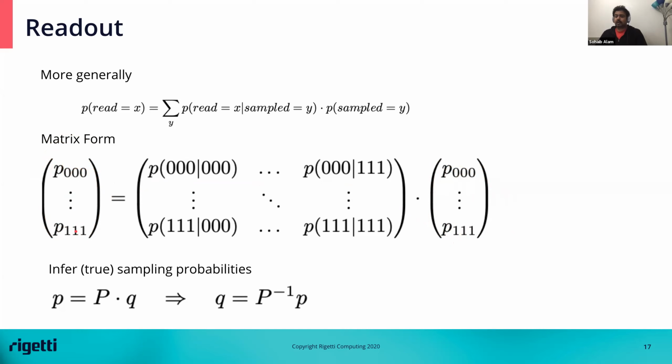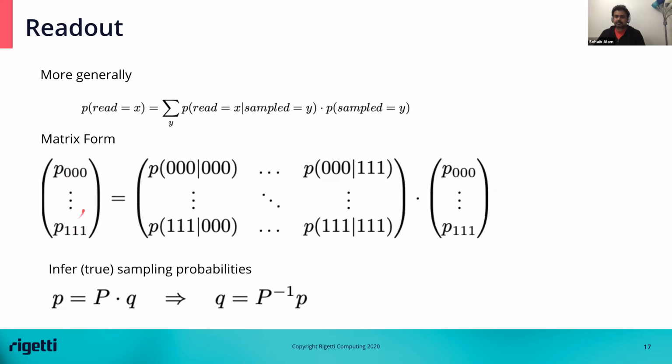We can simply run our quantum circuit a great number of times, and we'll count the number of times we found the bit string 000, and divide that by the total number of shots, and that fraction gives us an estimate of what this probability of 000 is. And we will likewise do that for each of the bit strings.